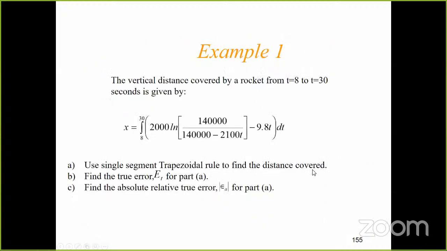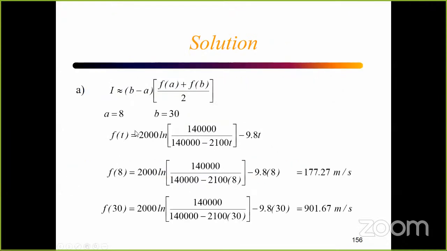For example, how it works with the earlier problem: the vertical distance covered by a rocket from the 8th second to the 30th second is given by an expression. Earlier we used the single segment trapezoidal rule to find the distance covered from the 8th second to the 30th second, and to find the true error. b minus a is 30 minus 8. f of a and f of b you have to estimate: f of 8 and f of 30.